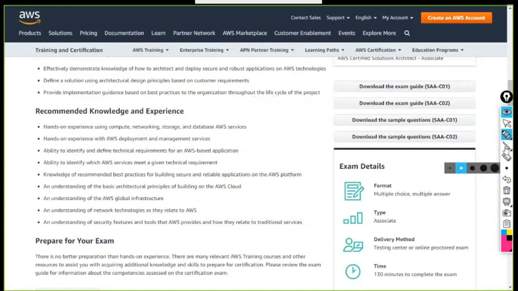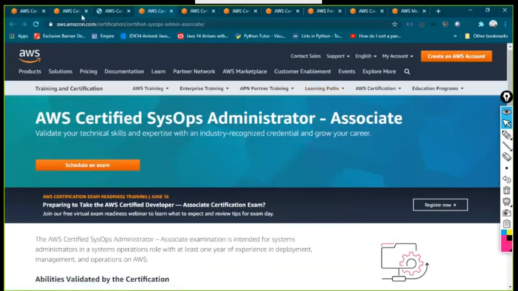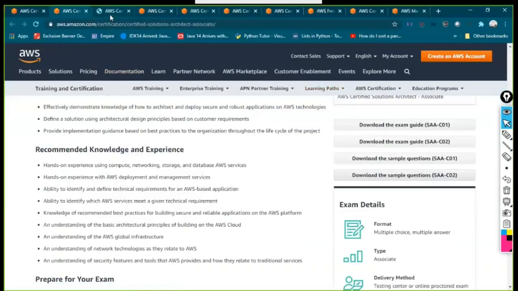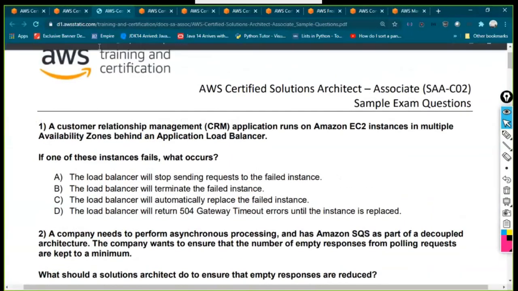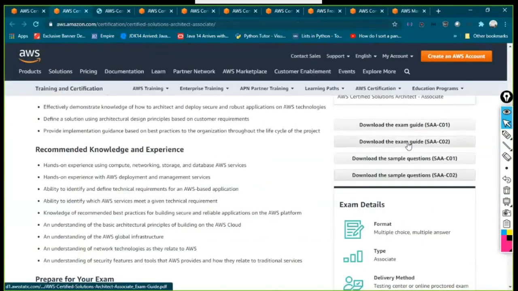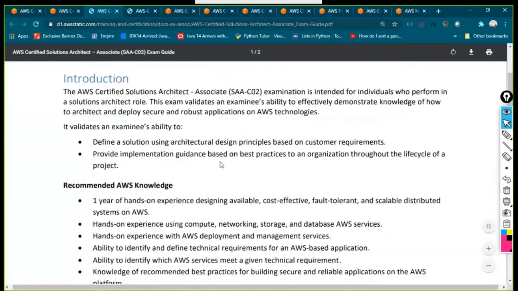If you click on C02, the complete sample questions are there, and the C02 exam guide. Let's go for the C02 exam guide.